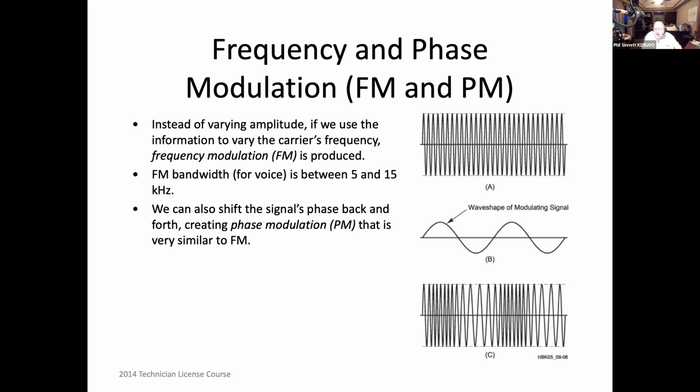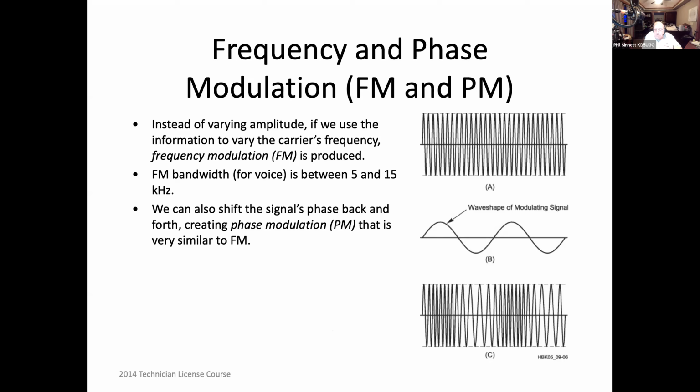Now, in terms of looking at the FM carrier signal, that signal is being raised in frequency and lowered in frequency back and forth by the modulating signal because it's FM.